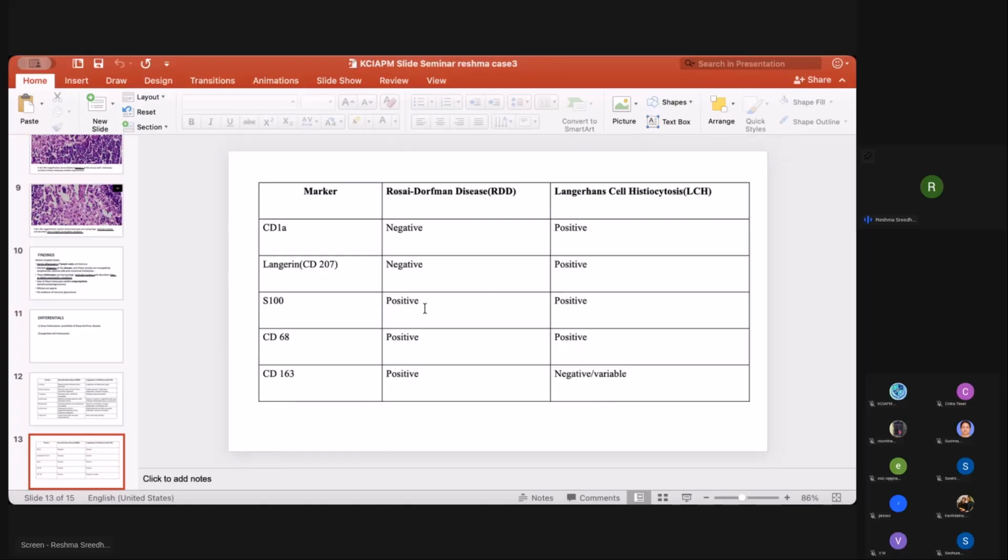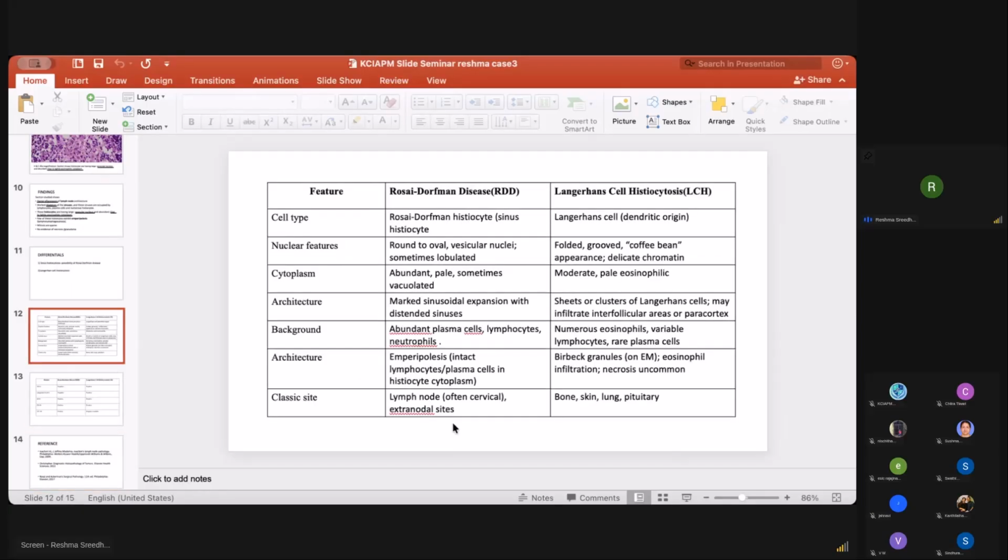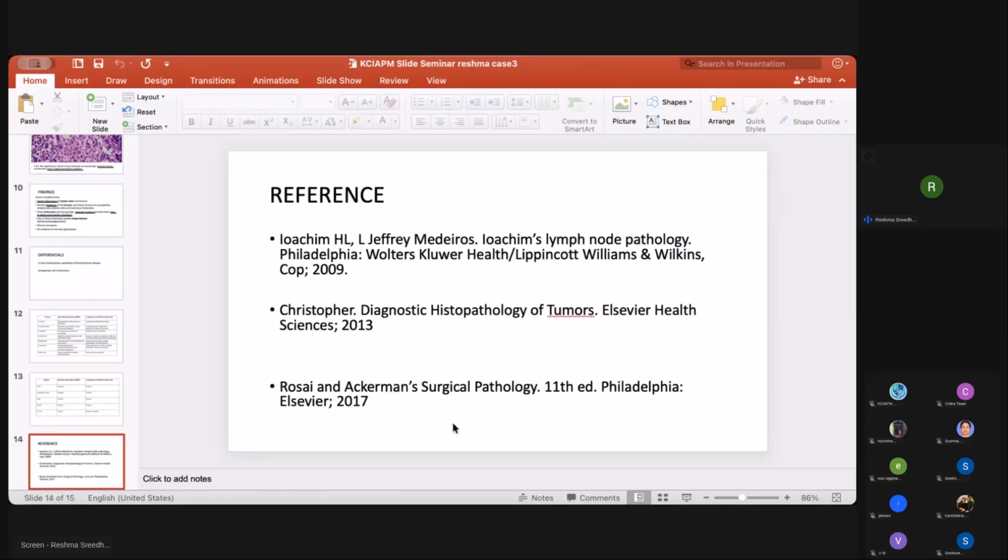S100 is positive in both RDD and LCH. CD68 and CD163 are positive in RDD, but CD68 is positive in LCH, while CD163 can be negative or variable in LCH. So my final diagnosis will be Rosai-Dorfman disease, and these are my references. Thank you.